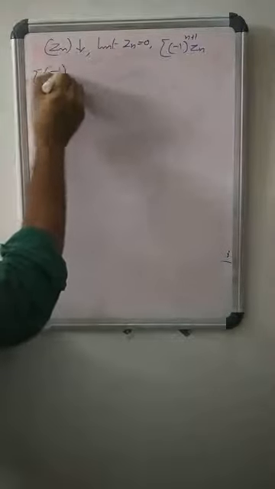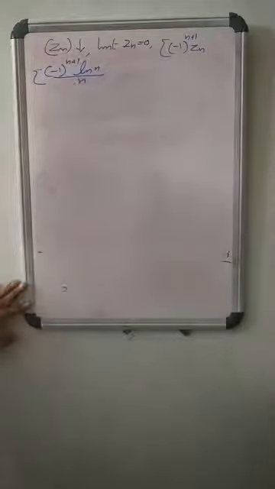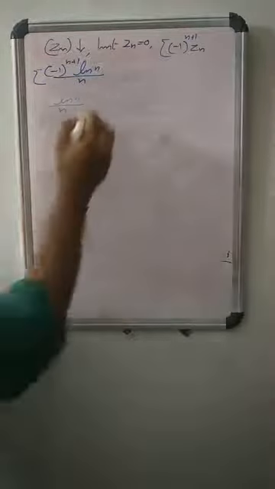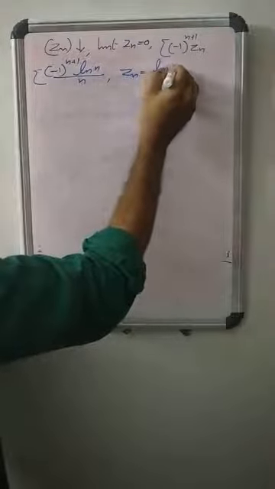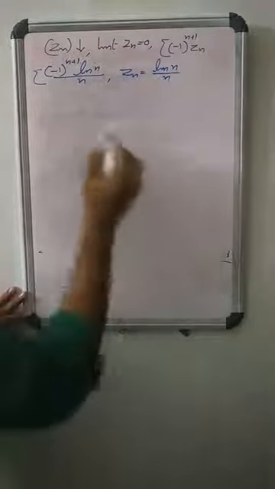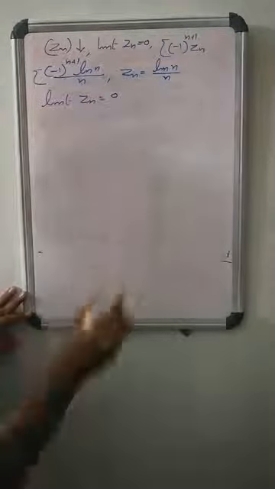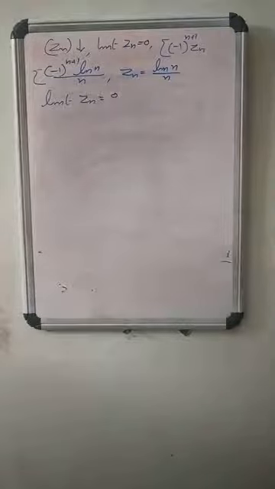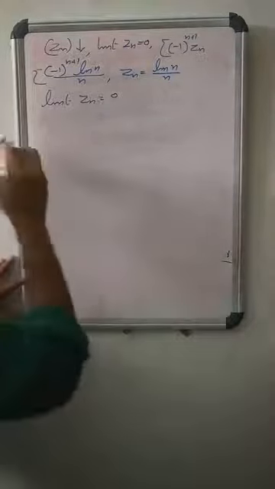For testing, put Zn equals log n by n. What is limit Zn? Here limit Zn equals 0. Limit of log n by n, limit log n into limit 1 by n, so it is 0. So limit Zn equals 0.